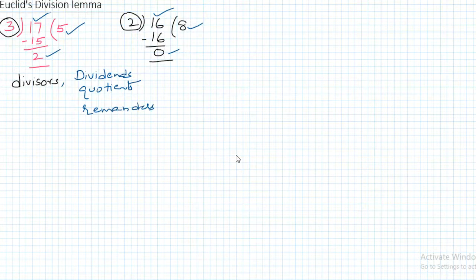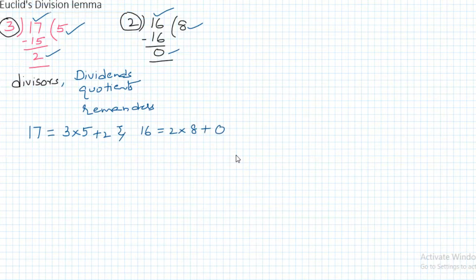So to check whether our answer is right or wrong, we will follow a simple procedure that 17 is equal to 3 times 5 plus 2, and 16 is equal to 2 times 8 plus 0.